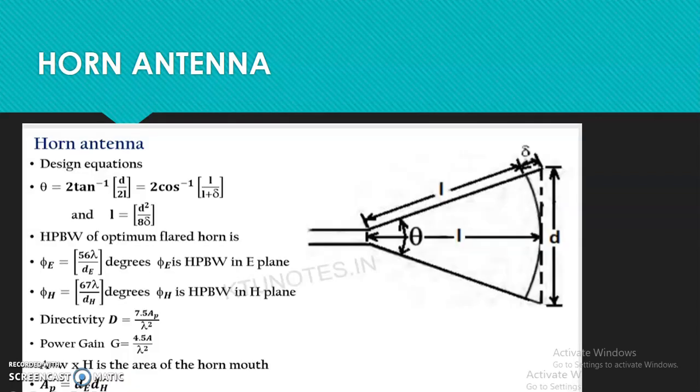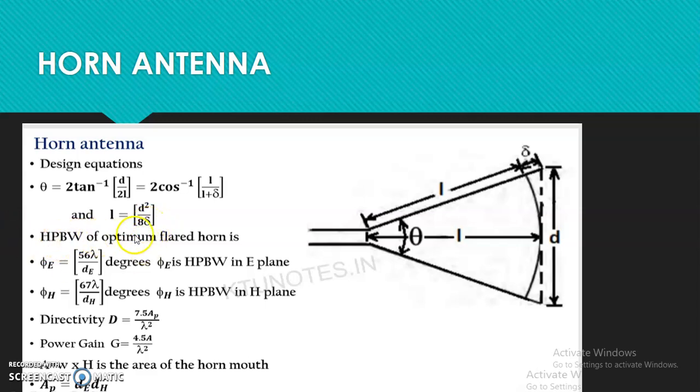These are the design equations for a horn antenna. Look, the angle theta is 2 tan inverse of D by 2L, that is, 2 cos inverse of 1 by 1 plus delta. What is delta? Delta is this length as shown in the figure. Then L is equal to D square by 8 delta.